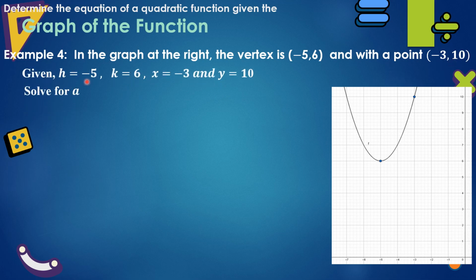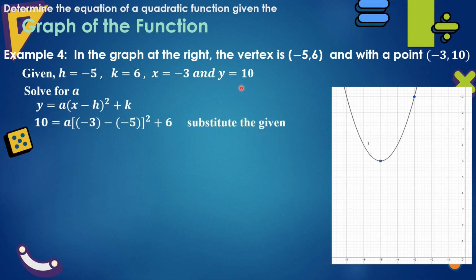Substitute these values to the vertex form of quadratic equation to solve for a. H is negative 5, k is 6, x is negative 3, and y is 10.